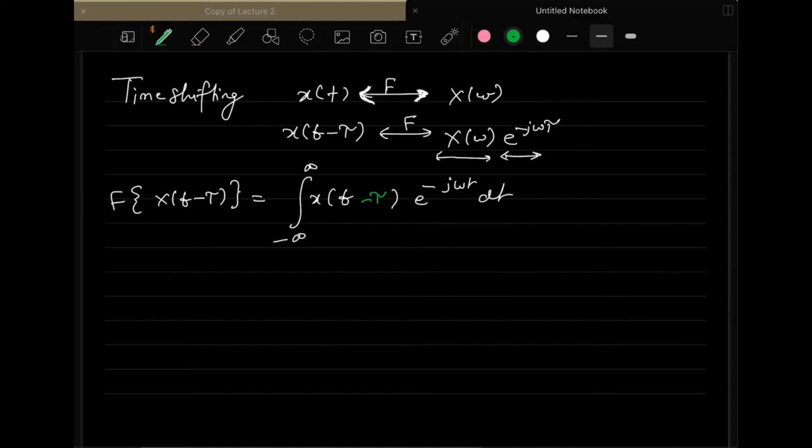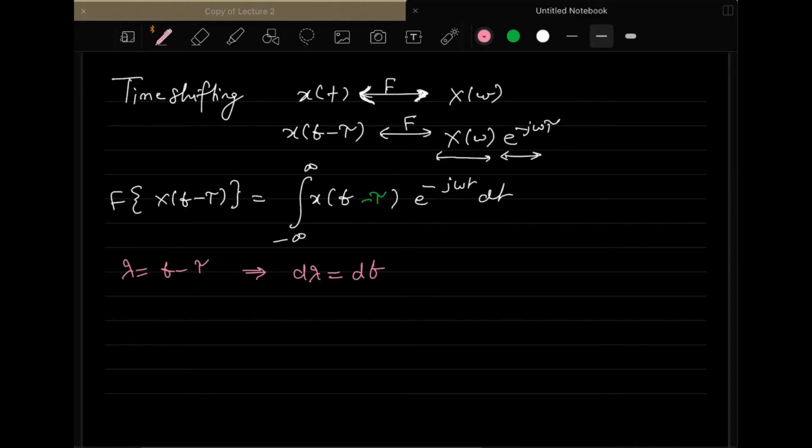Then you can take the substitution lambda equal to t minus tau, and from here, d lambda equals dt.